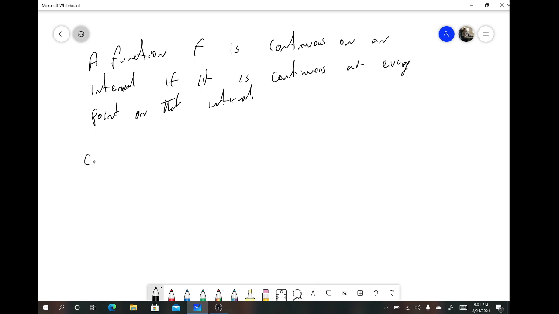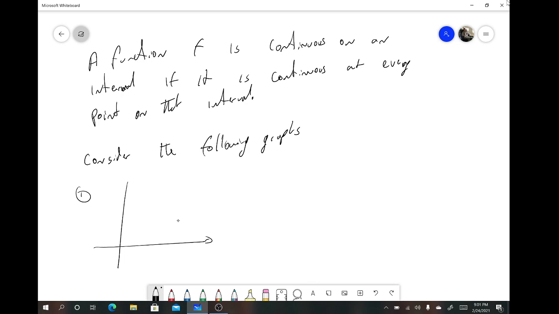Let's consider the following graphs, number 1 and 2. Let's say we have the interval a to b, and we have a function that looks like this.